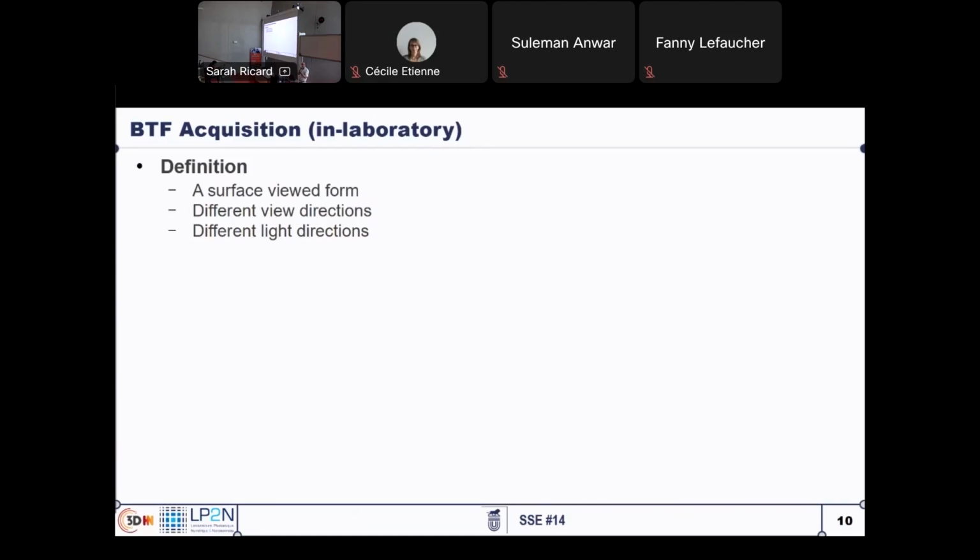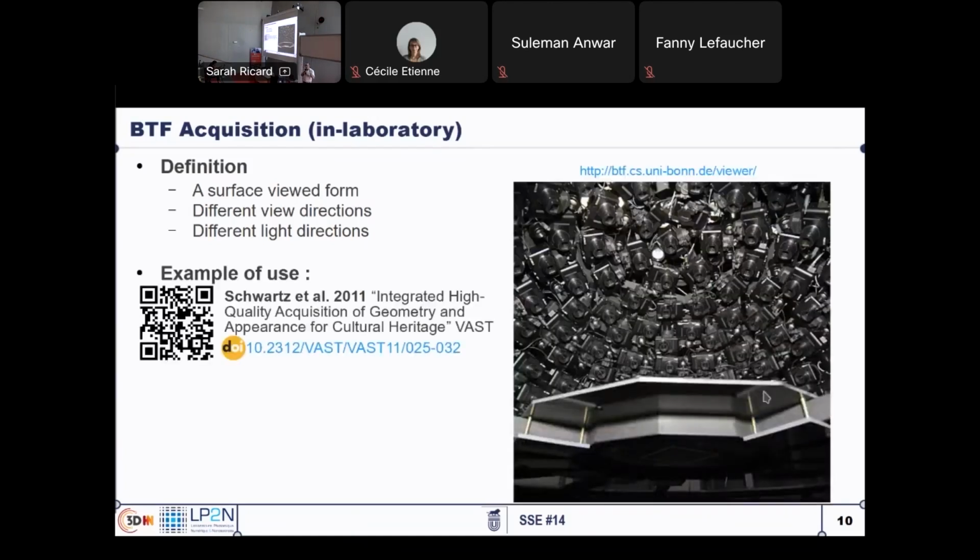It's not a characteristic of the material, it's a characteristic of the surface. And I've seen it used for 3D in cultural heritage in 2011 by the people who developed a lot of techniques at Bonn University, using this dome of cameras to capture everything.